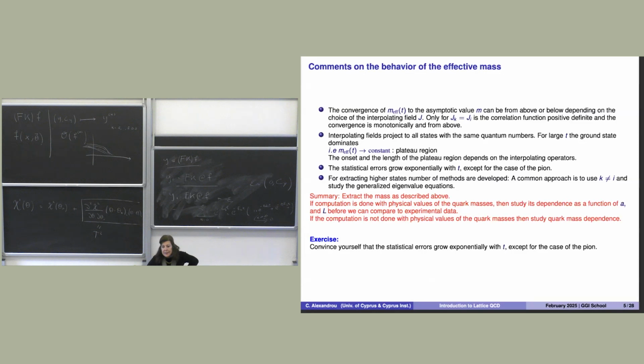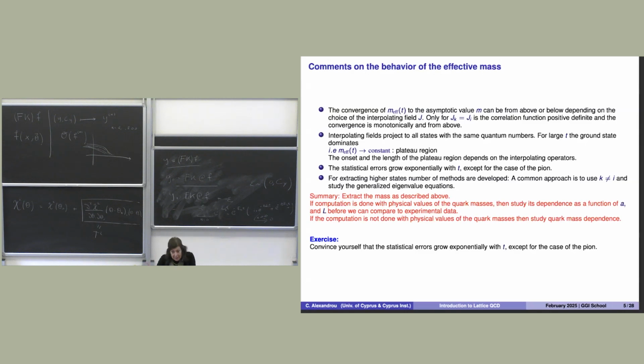The longer I propagate in time, the higher the noise. Because remember, we are doing a simulation. We are not doing the integral exactly because this is impossible. We generate a representative ensemble of the phase space, right? Therefore, if I do the sum, I only get the exact value if I sum over an infinite ensemble of configurations, which is of course impossible.